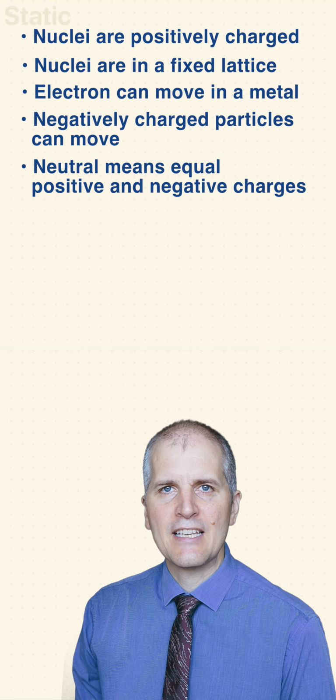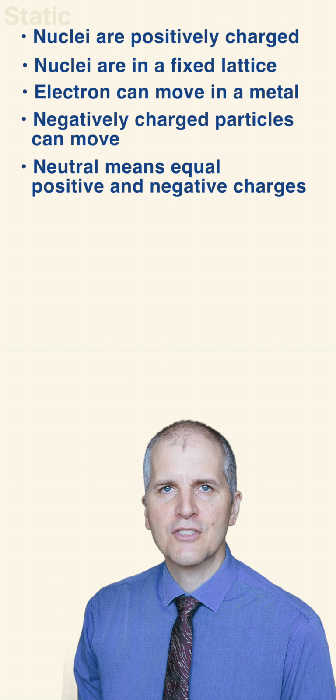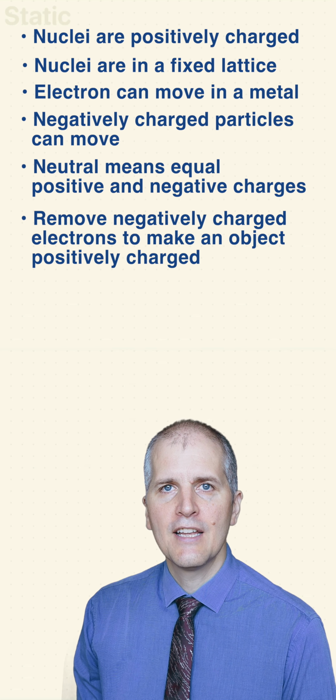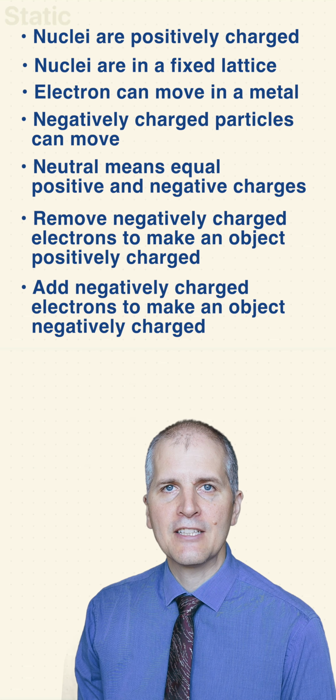When we say that something is neutral, what we're really meaning is that there's the same amount of positive and negative charge. If we want to make something positively charged, then we should remove the electrons away from it. And if we want to make something negatively charged, then we add electrons to it. And it is only, and it is always, the electrons that move.